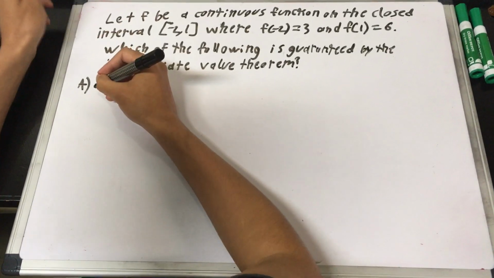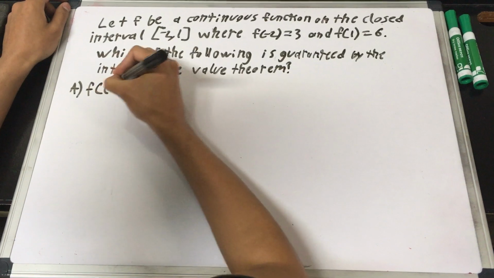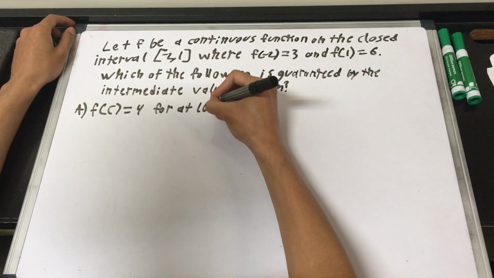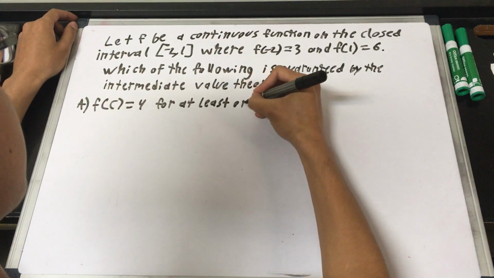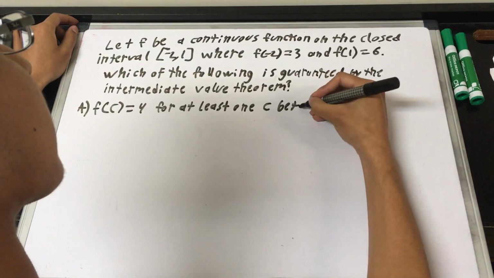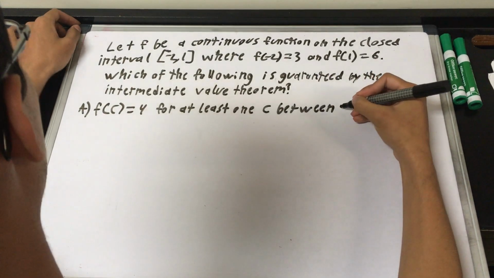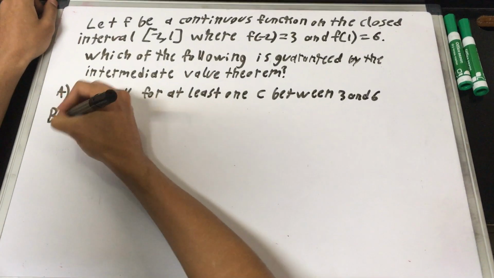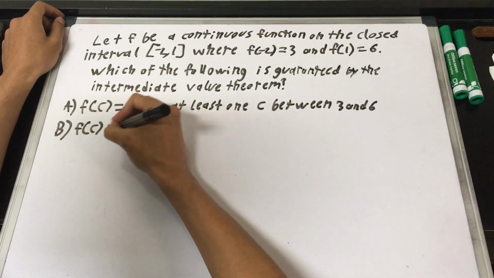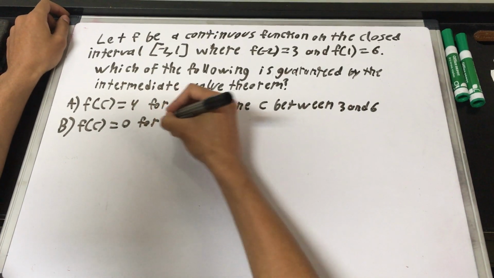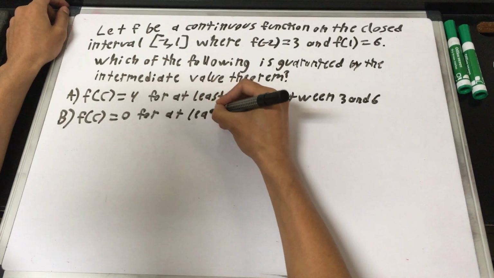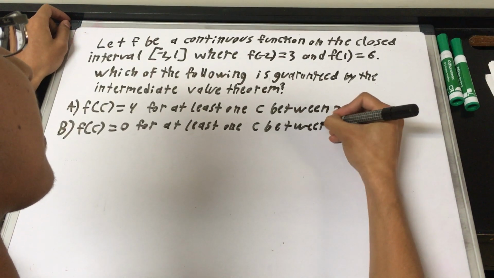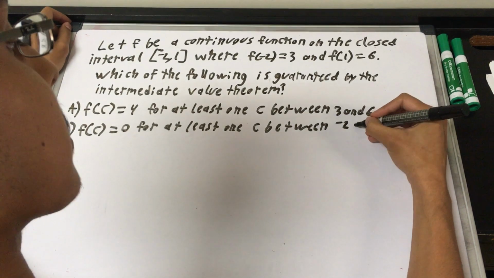Then we've got A, B, C and D. A is f of c equals 4 for at least one c between 3 and 6. B is f of c equals 0 for at least one c between -2 and 1.